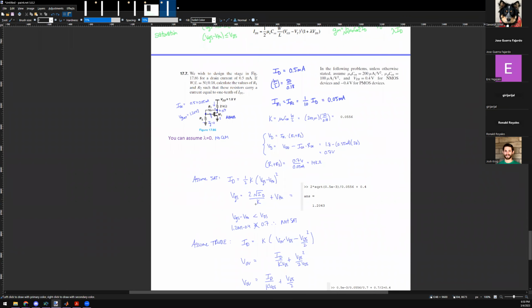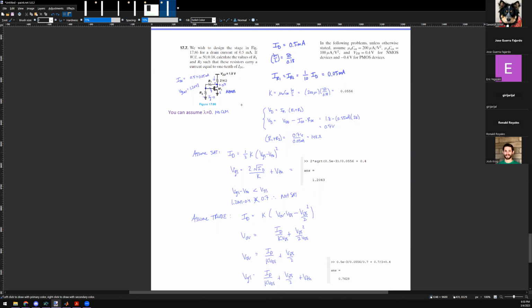Does this circuit work? Honestly, the VDS of 0.7 is to me the weirdest part here. I feel that's a little bit too small to be able to do this.